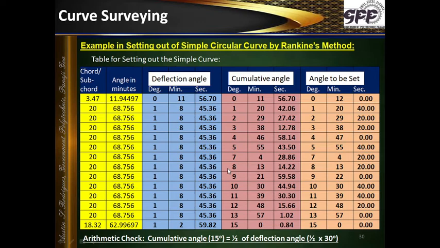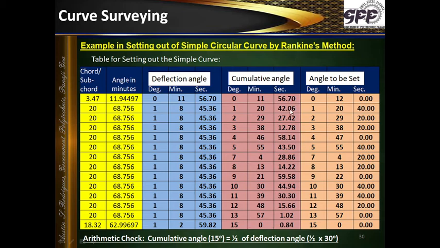Obviously, these angles cannot be set on a theodolite, because a theodolite cannot give me 56.70 seconds, or 42.06 seconds, and so on. What a theodolite can give me is 0 seconds, 20 seconds and 40 seconds. So whatever readings I have got, I have to make them theodolite friendly.